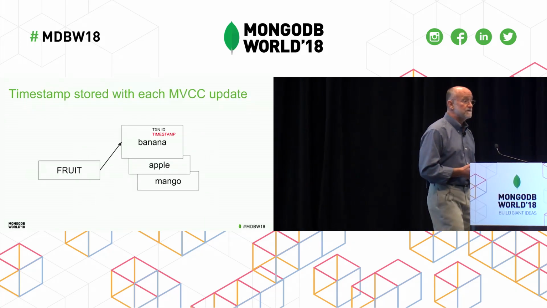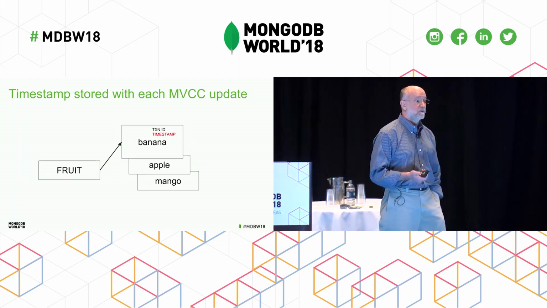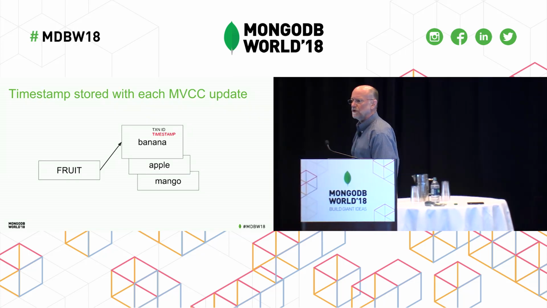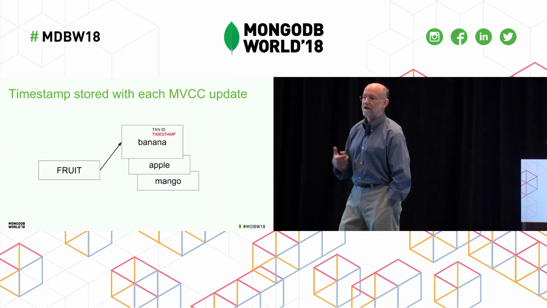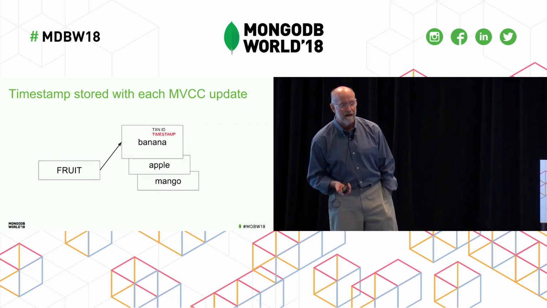Internally inside WiredTiger in the storage engine, what we're storing is a timestamp with every update. WiredTiger is an MVCC engine, if you know that term, multi-version concurrency control. What it really means is that in a typical key value store, for every key, you can have multiple values.